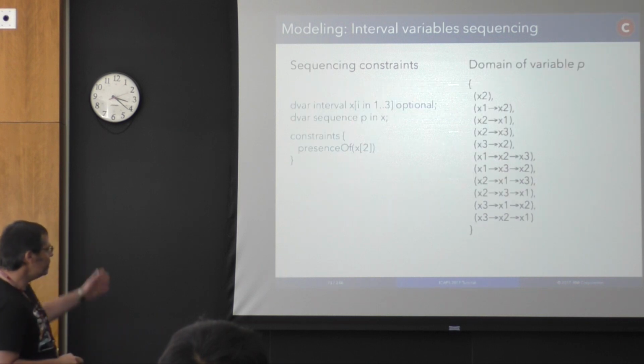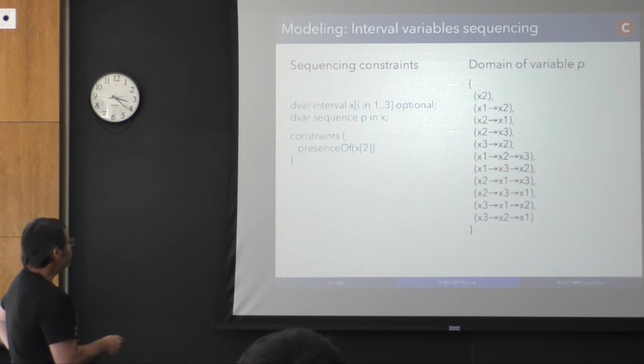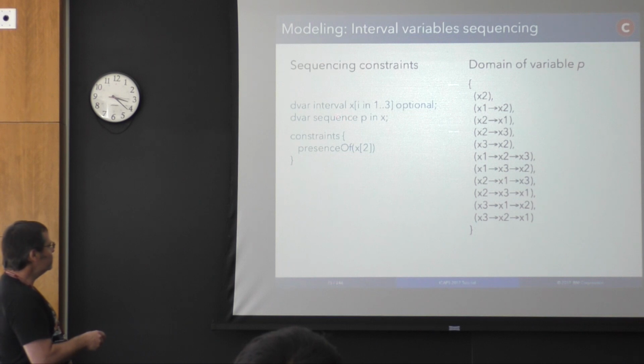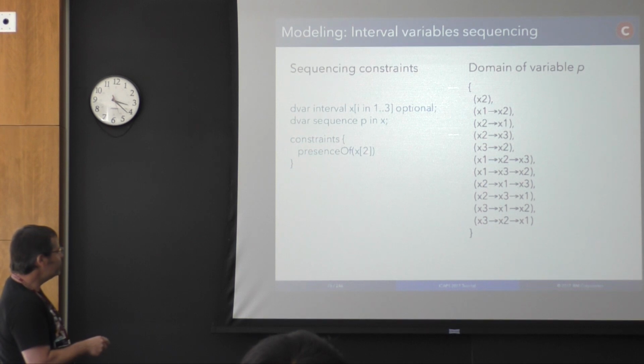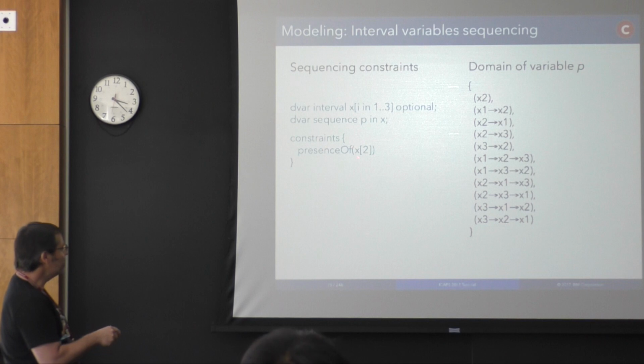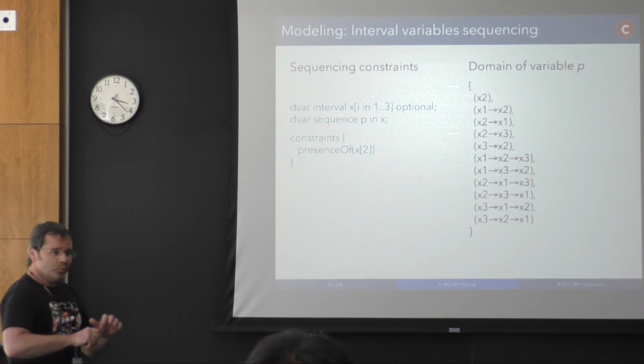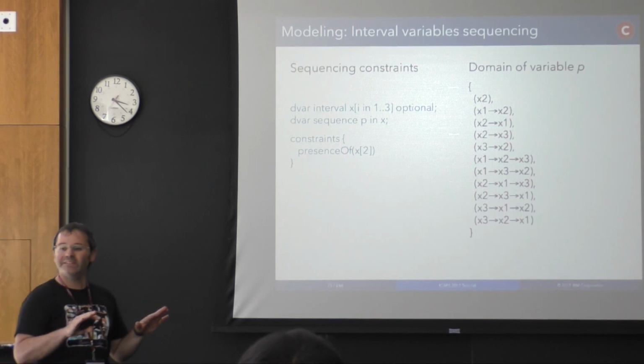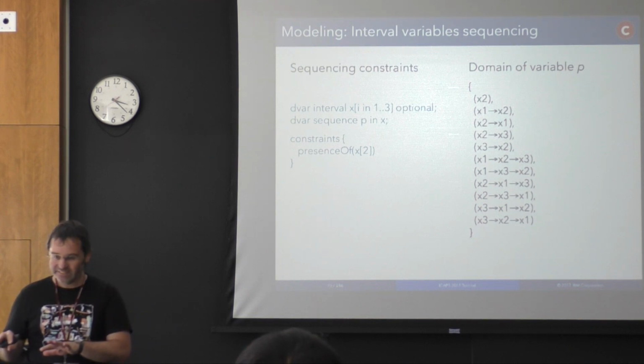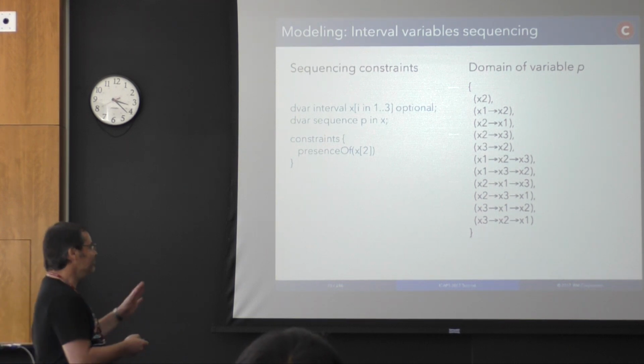Let's take it on an example. You have a sequence variable on 3 intervals, x1, x2, x3. They are all optional. And you have only a constraint that says x2 is present. So the domain of this sequence variable would be this one. We do not represent explicitly the domain in the engine, but if we would represent it explicitly, the domain would be this one.